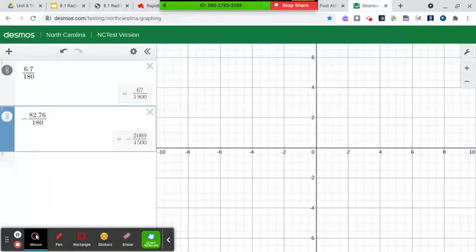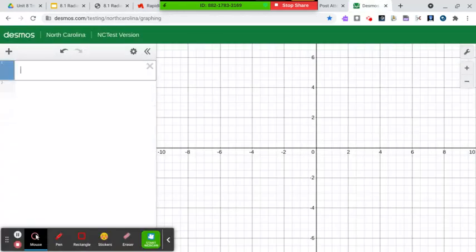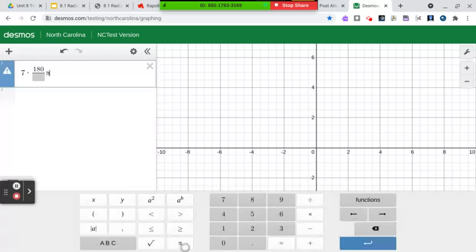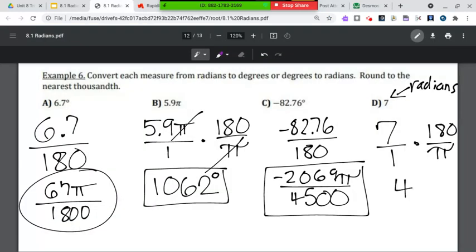So we're going to go 7 times 180 over pi. Okay, so about 401.07 degrees. Approximately 401.07, and let me put a degree symbol.